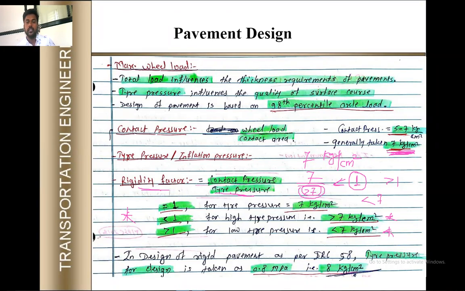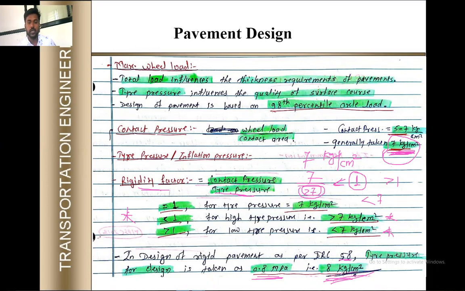In the design of pavement, as per IRC 58, the tire pressure for the design is taken as 0.8 MPa, that is 8 kg per centimeter square. Okay. As we are taking the contact pressure as 7 kg per centimeter square for design, likewise, whenever we are designing the pavement, as per IRC 58, the tire pressure is taken as 8 kg per centimeter square.